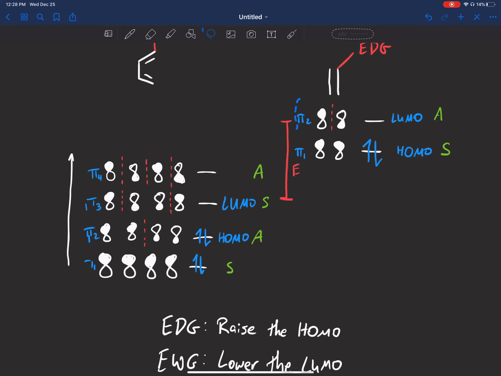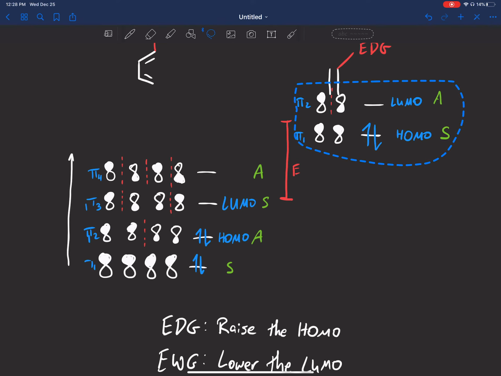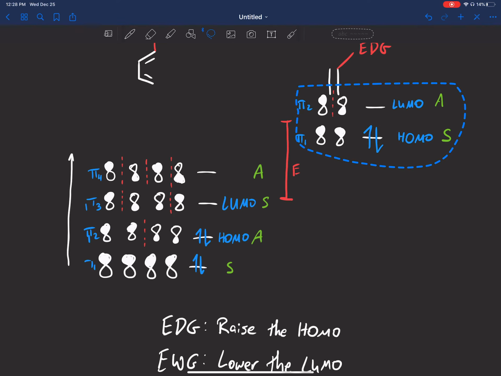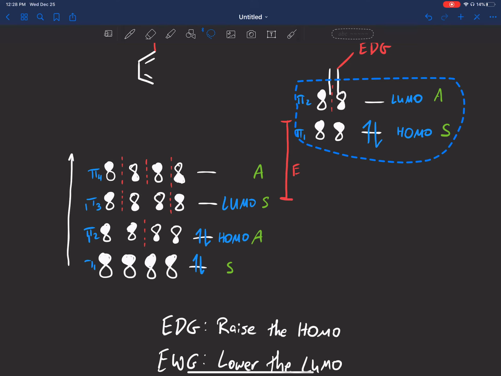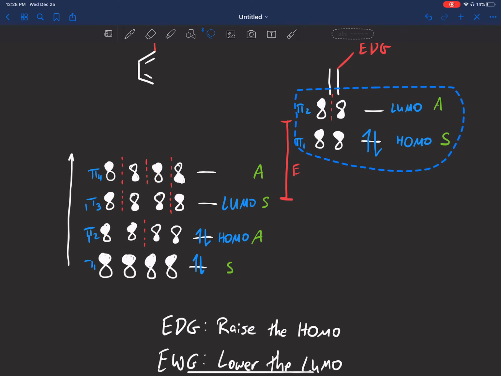And then for the dienophile, it's going to raise this up. Electron donating groups always raise the orbitals. Electron withdrawing groups always lower them. So this guy comes up now. Now you can see that the energy difference is even larger. So this is going to slow the reaction.